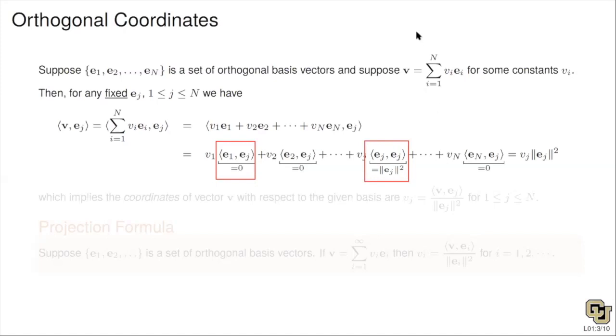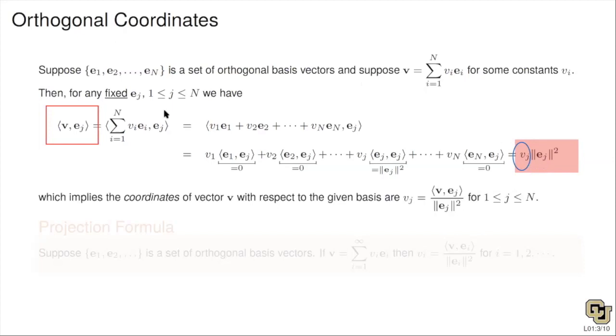So everything zeroes out, and at the end we've just got one term left on the right-hand side of our equation. On the left-hand side, we have that inner product. Now remember what we're trying to do: we want to solve for v sub j. So dividing by norm e sub j squared, we get our projection formula.